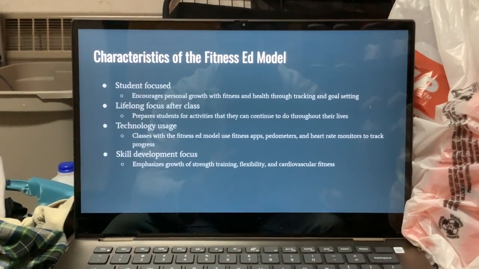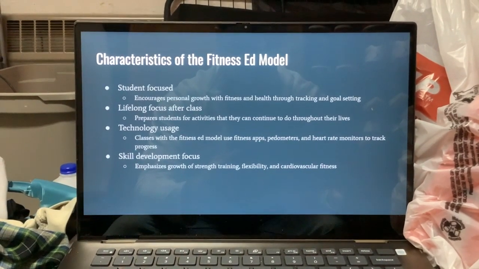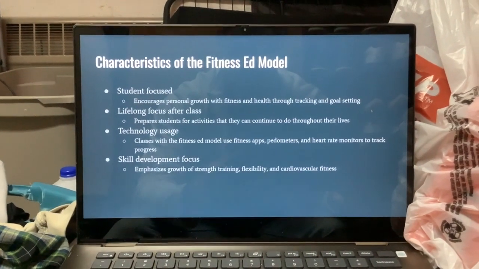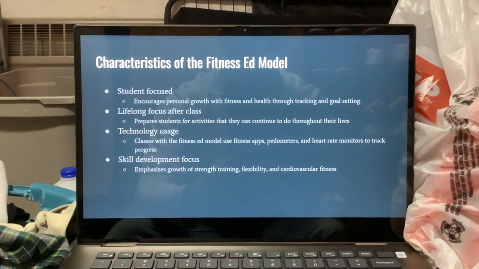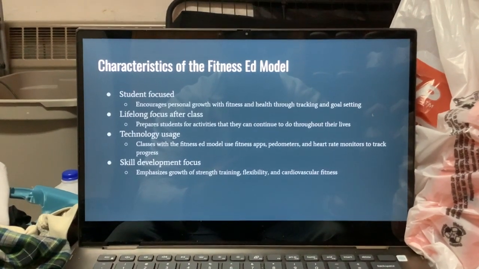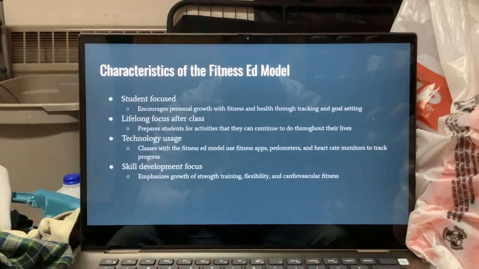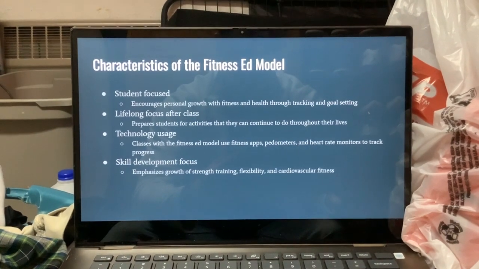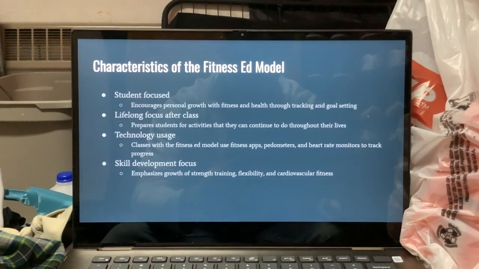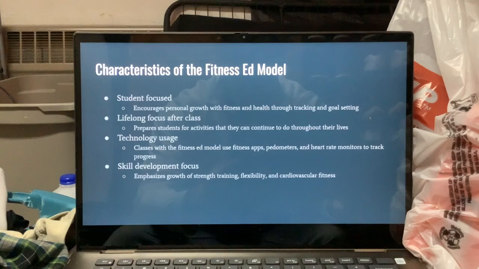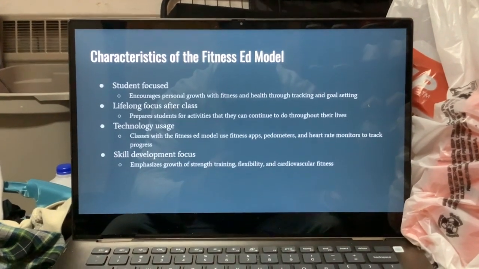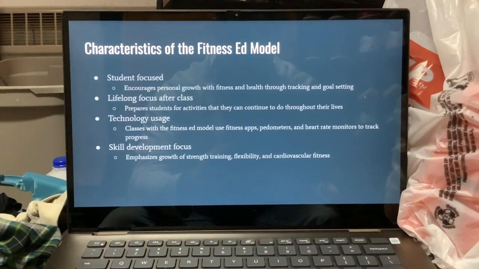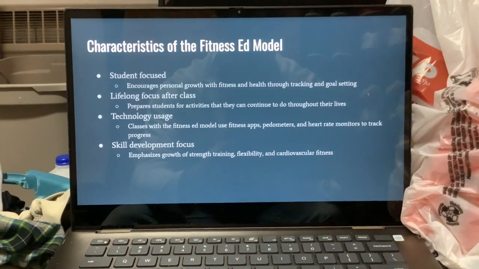The growth that the students have through strength training, flexibility, cardiovascular, respiratory, all those different areas of fitness, is pretty much taught with the content in the class aligned with the goal tracking and how to get to that goal, whether it's achieving a certain PR for example, for strength, a certain weight for squatting or bench or deadlift or something, or for flexibility.